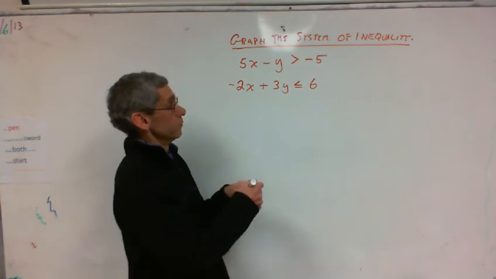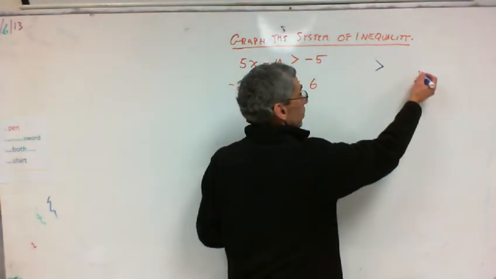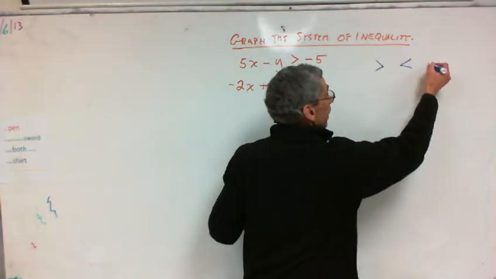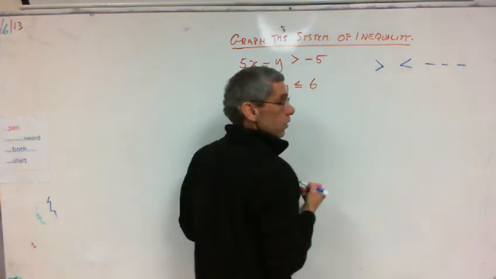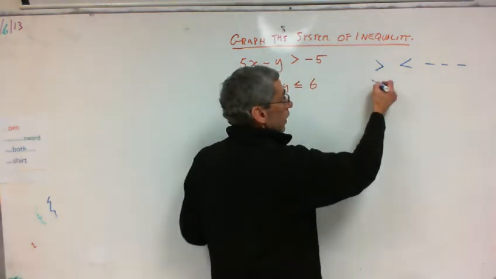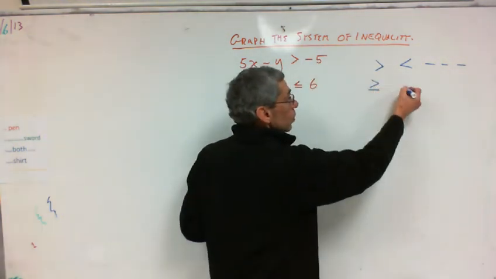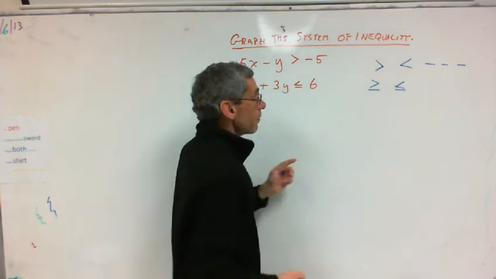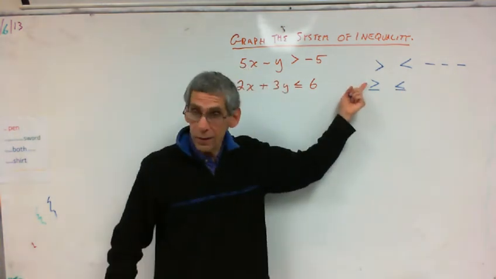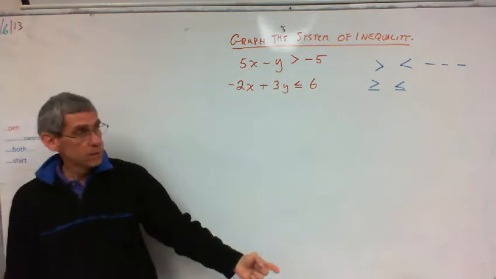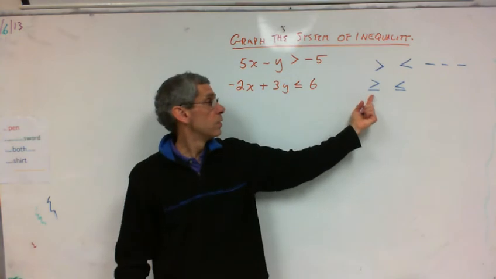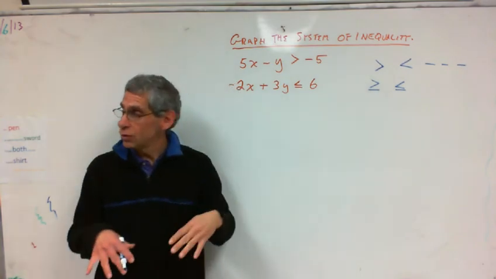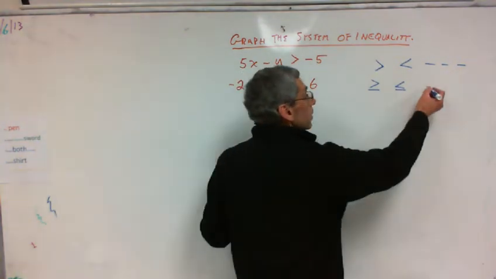So if it is greater than or if it is less than, you're going to have a dashed line when you draw your graph. If it is greater than or equal to or less than or equal to, that means it's greater than or it's less than, but it's also equal to. And if it's equal to, we can make the line solid.